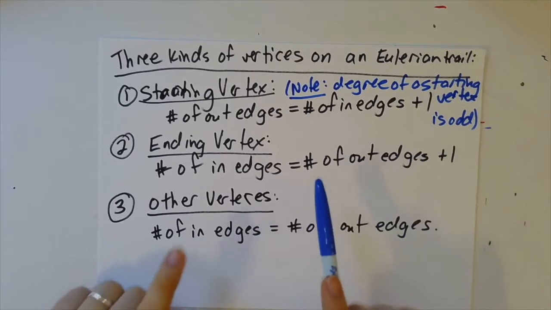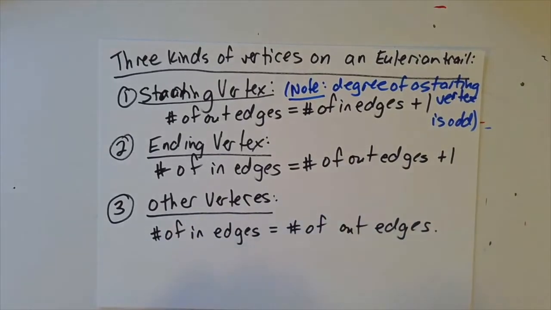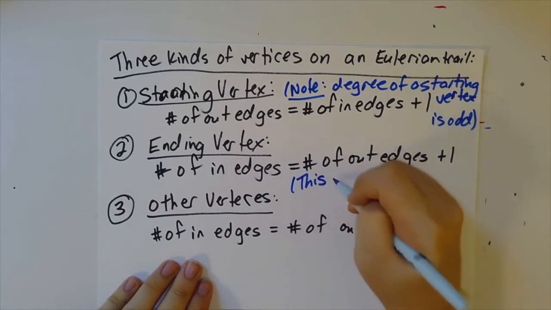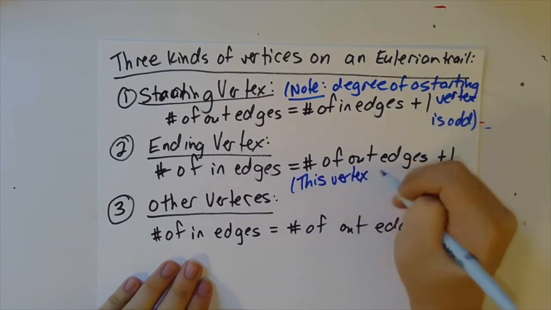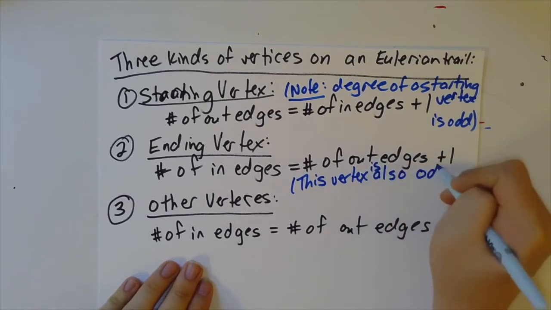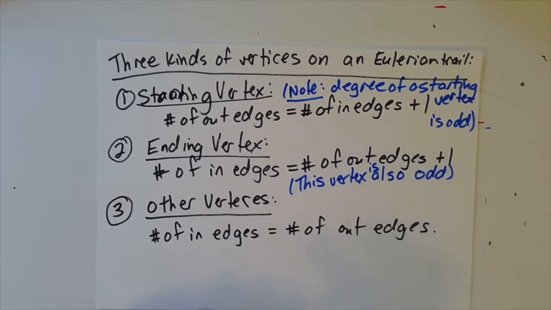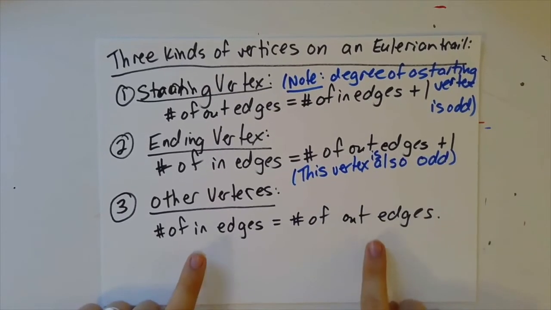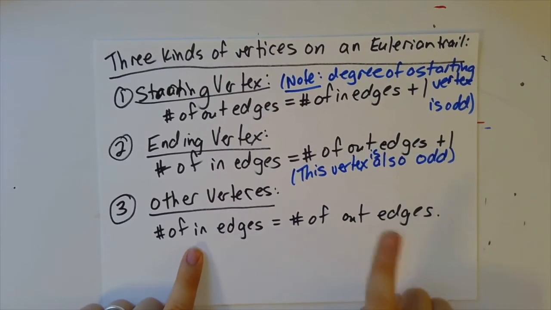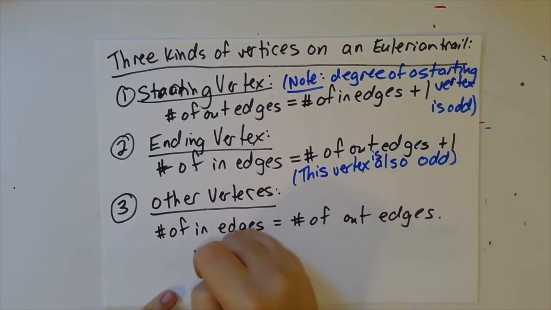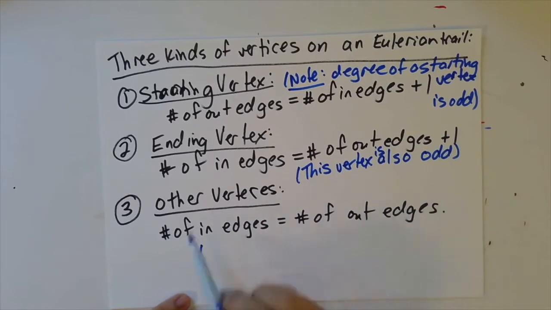Okay. Ditto here. This degree is also odd. But finally, on these other vertices where the number of in edges is equal to the number of out edges, this means that this degree is even.